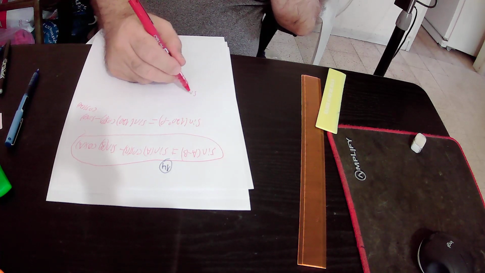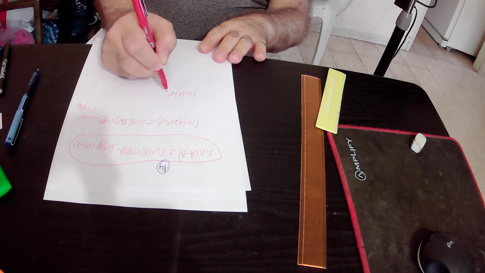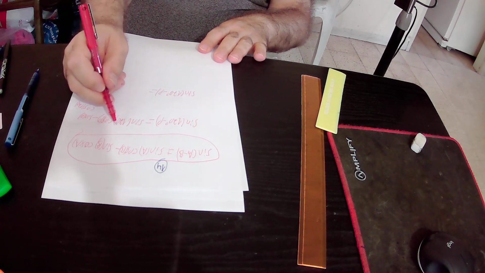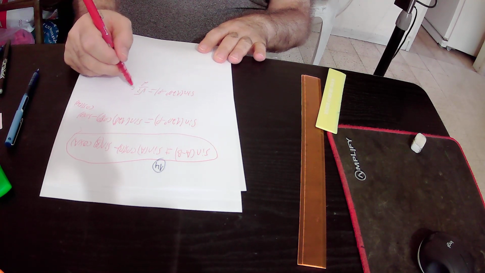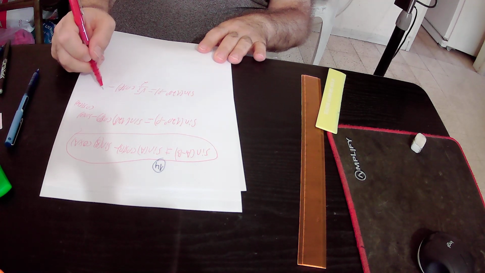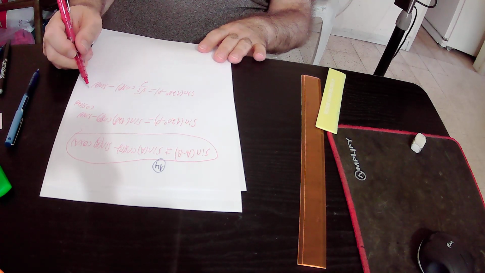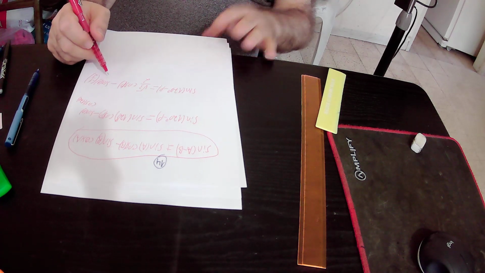Actually, sine 120 degrees minus p equals sine 120 degrees, which is root 3 over 2, times cosine p, minus sine p times cosine 120 degrees, which is minus 1 over 2, and minus times minus is plus.